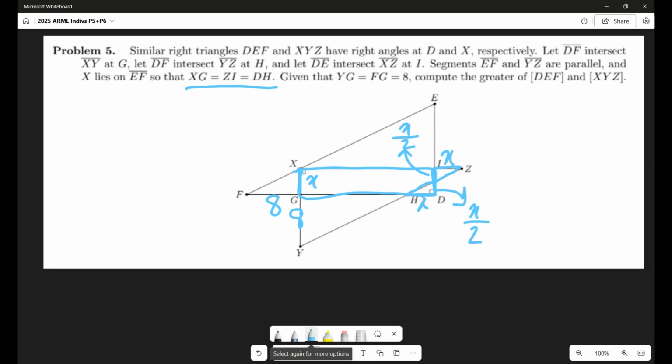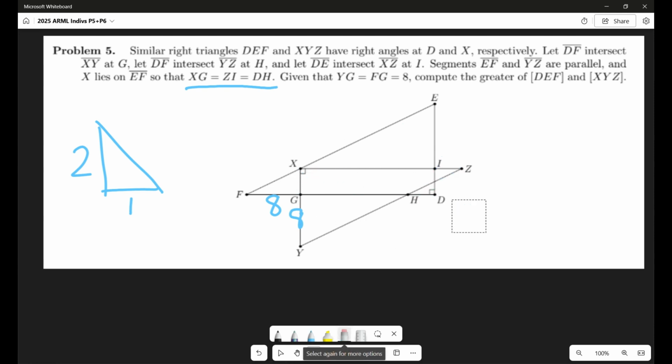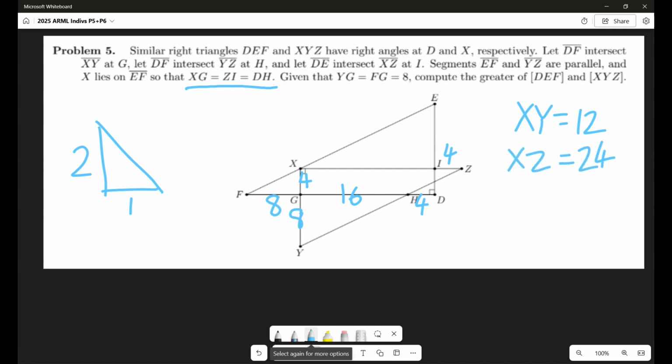And at this point, we see our ratio for our similar triangles. And we see that our legs are in the ratio 1 to 2. Now that we have that information, we can get rid of the variables, and we can say this is 4, this is 16, 4, 4, and since XY has a total length of 12, we can say that XZ has a length of 24.